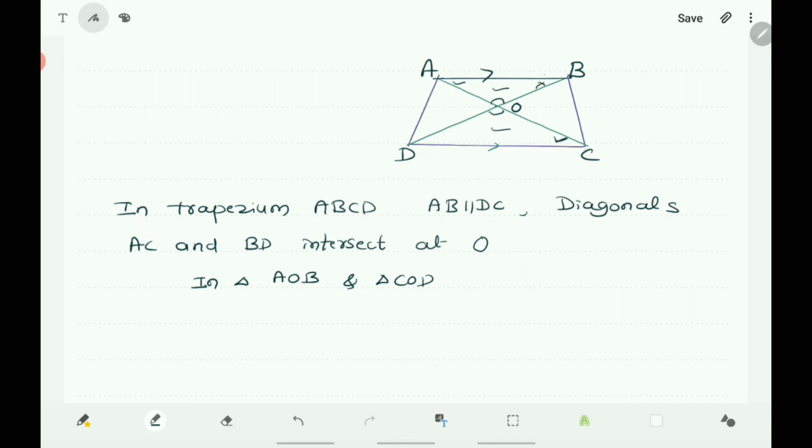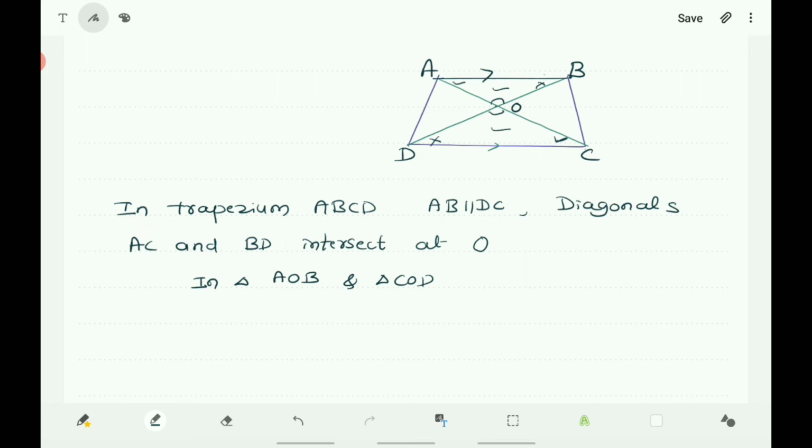Similarly, angle ABO must be equals to angle ODC, the same reason. Here AB parallel to DC, DB is a transversal of parallel lines, and these two, angle ABO and angle ODC, are alternate angles. So they must be equal.